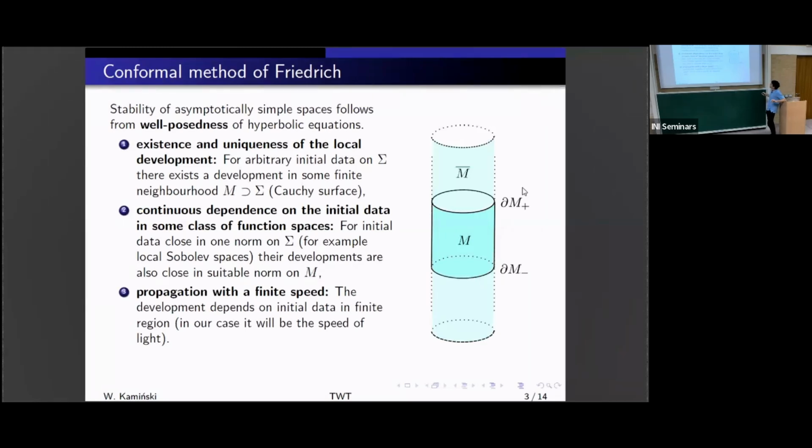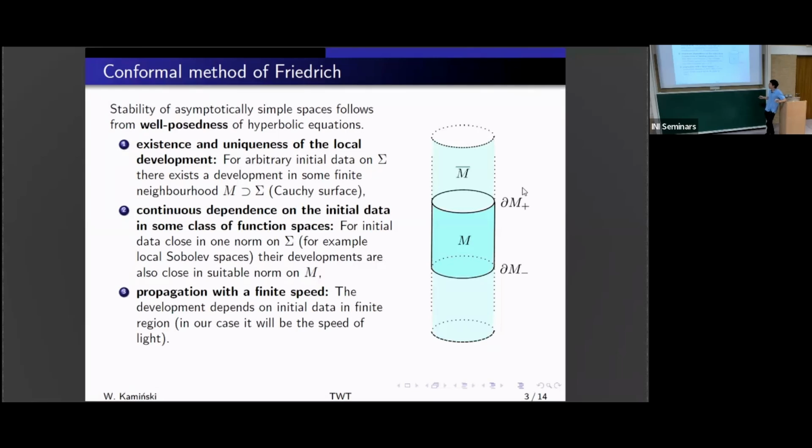If we have nice hyperbolic equations, then we know that given some initial data, we can develop the solution in some small neighborhood of the initial Cauchy surface. Moreover, this development depends continuously on the initial data. If we change the initial data a bit, the development changes only a bit. Of course, one needs to measure what a bit means, but usually in some Sobolev spaces or things like that.